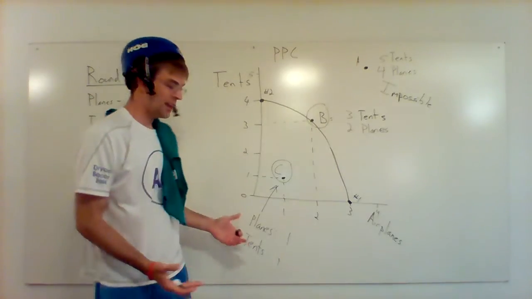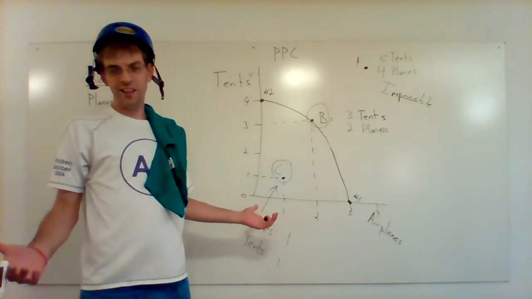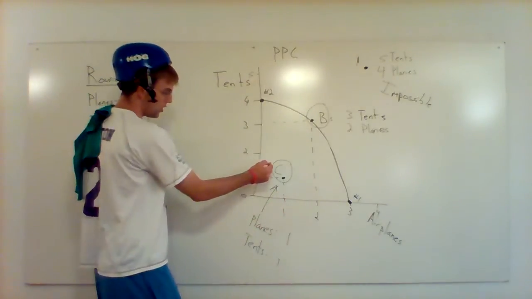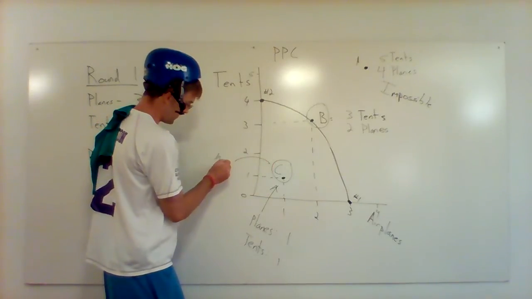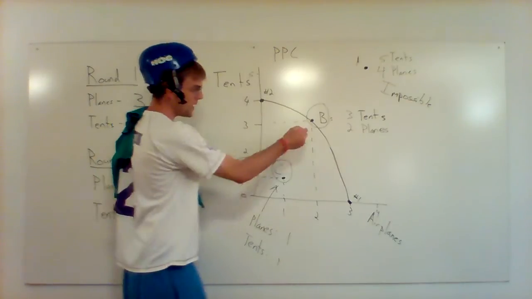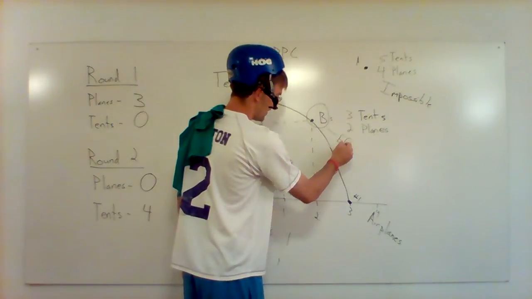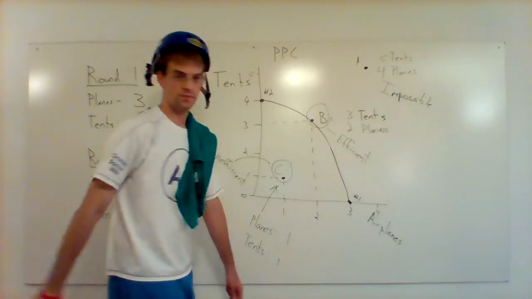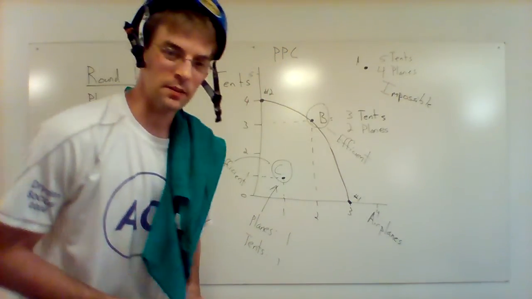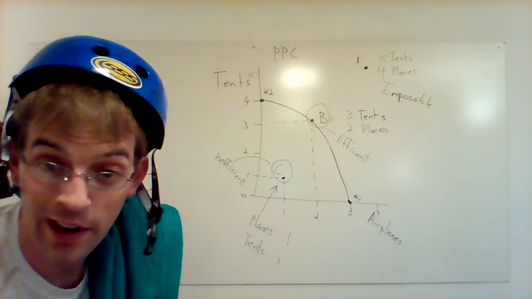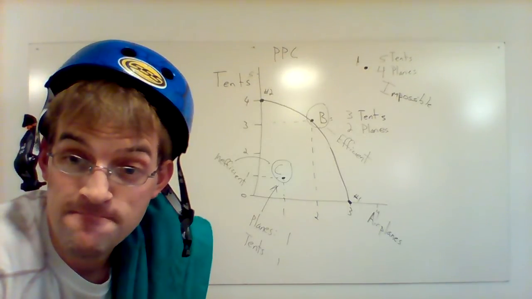Whereas at C, I could be doing a lot better. So C is what we call inefficient, but B is what we call efficient. All right, I'm going to stop this. I want to do one more thing, but I got to clean up that graph because it's a hideous mess right now. So I'll get back with you.